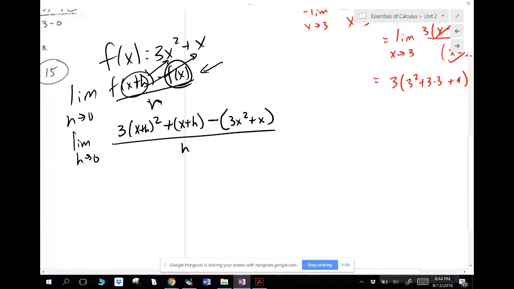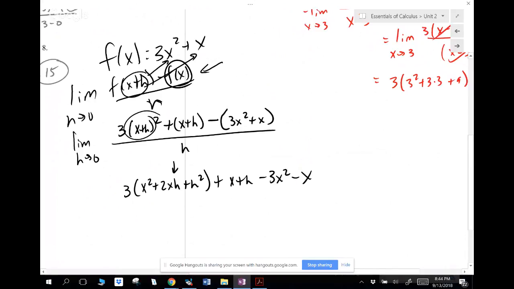And then I'm going to FOIL this out. So it's going to be 3x squared plus 2xh plus h squared. That's this part. Plus x plus h minus 3x squared, minus x.